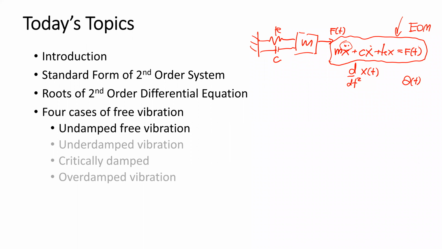The second order system can be transformed, or the equation rearranged, to be in the standard form. When we see the standard form of the equation of motion, we can pick out some characteristics of the system easily.